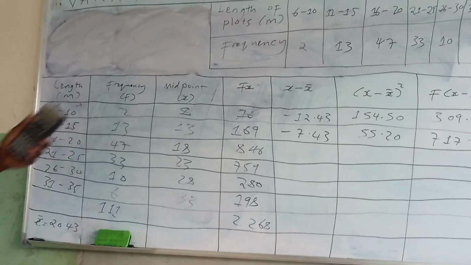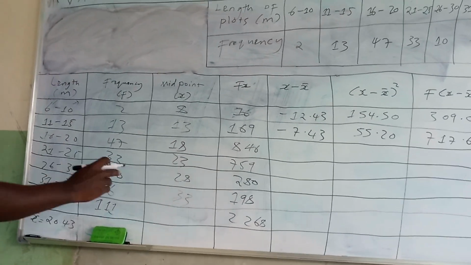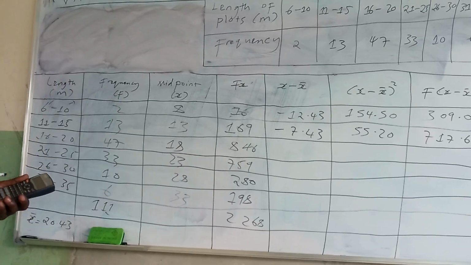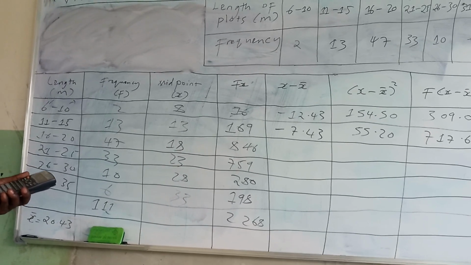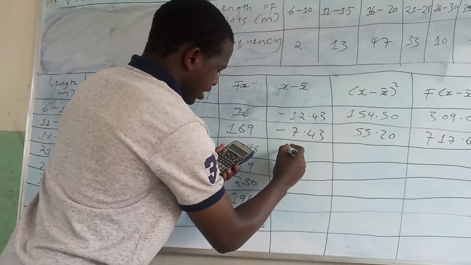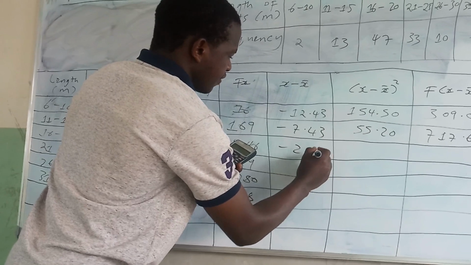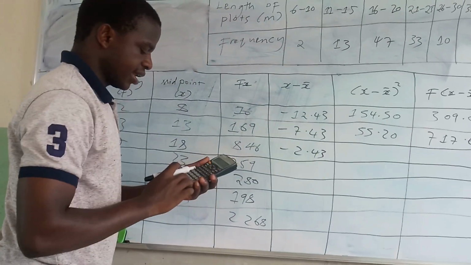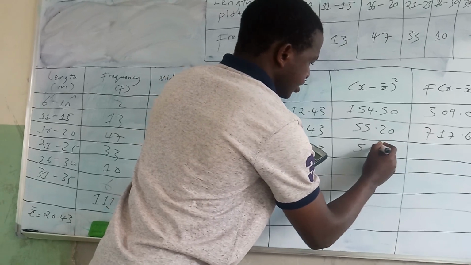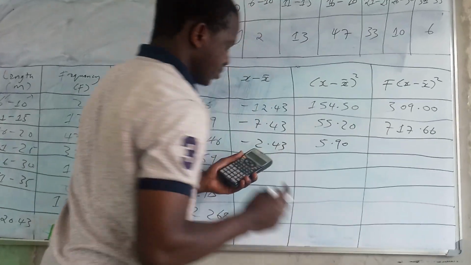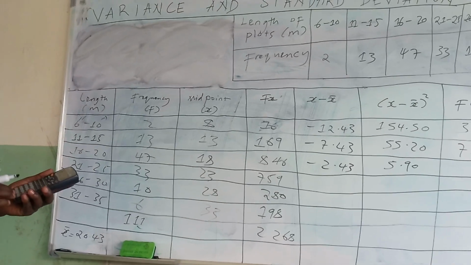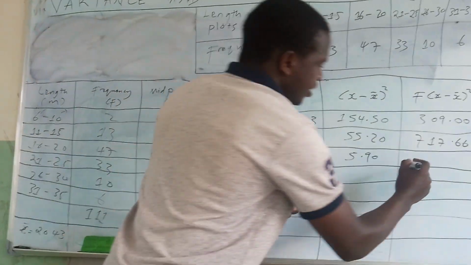The next class interval, my midpoint is 18. 18 minus 20.43 gives negative 2.43. Squared, I'm having 5.90, multiplied by the frequency, which is 47.